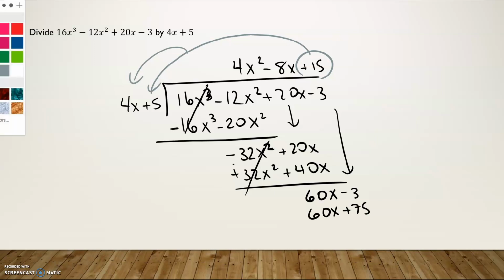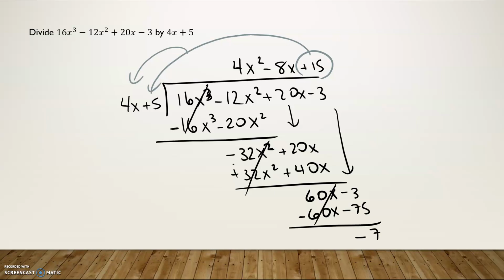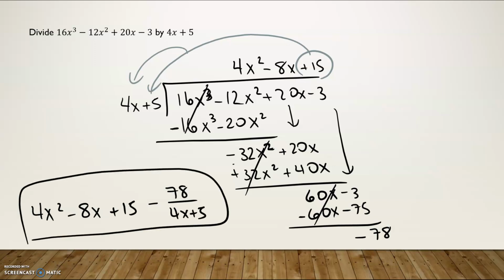Now we need to change the sign. That'll be negative, and this will be negative. That cancels out and looks like I have negative 78 for my remainder. So we'll have 4x squared minus 8x plus 15 minus 78 over 4x plus 5. And that will be my final answer.